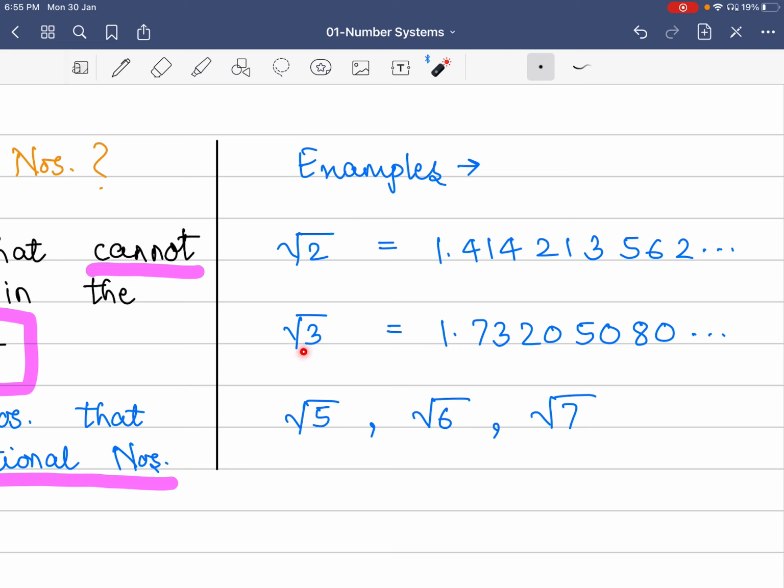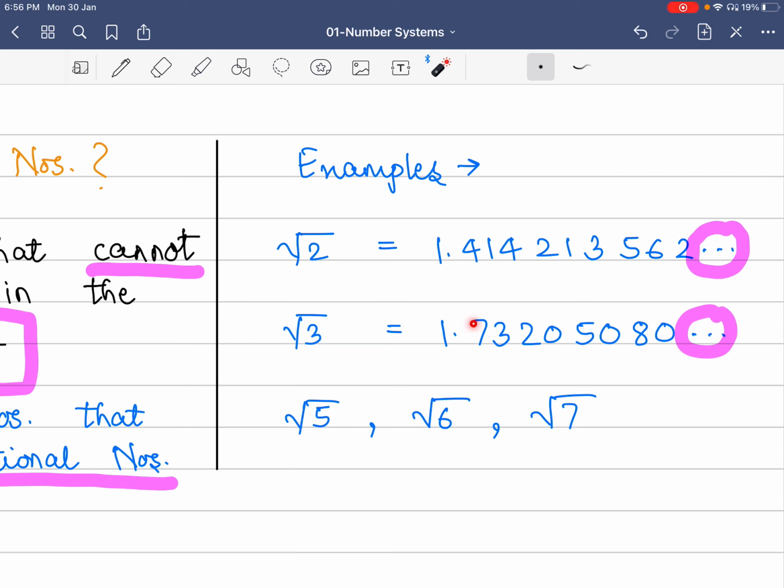As you can see, for example, I have written down the decimal values of square root of 2 and square root of 3. Square root of 2 is 1.41421356 dot dot dot. Now, this dot dot dot is very important. It means that there are infinitely more digits in this decimal expansion of square root of 2. I have just noted down the first 7, 8 digits. Same goes with square root of 3.